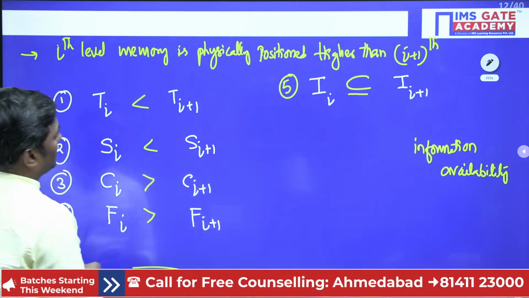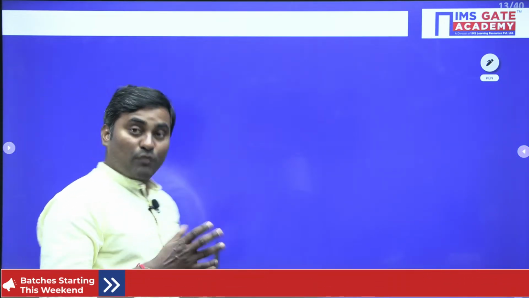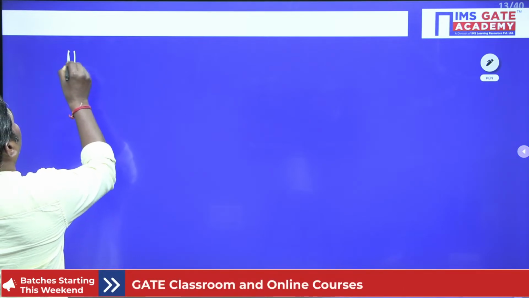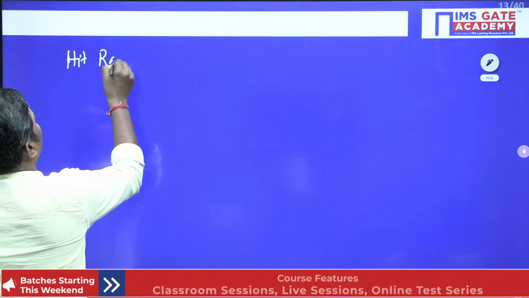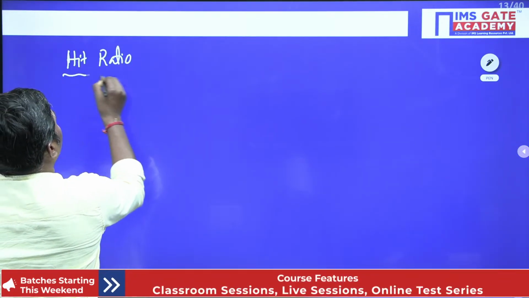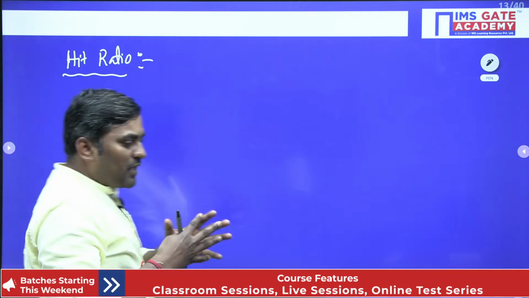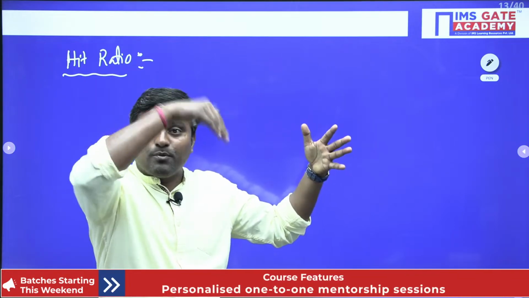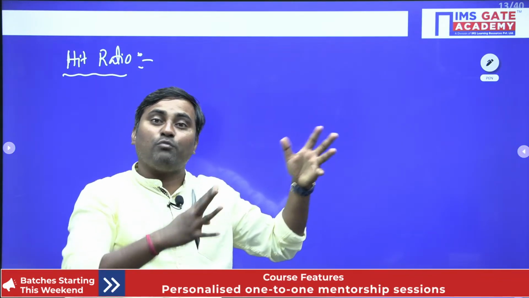Now please understand memory hierarchy performance. We want to see the performance of the memory hierarchy. Performance of the memory hierarchy is given by the hit ratio. When you arrange these memory components in hierarchical form, the cache memory has to perform well.